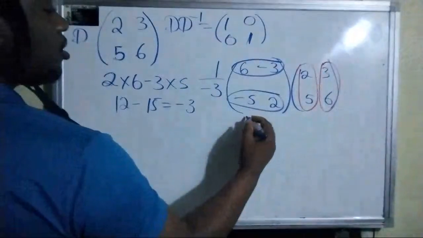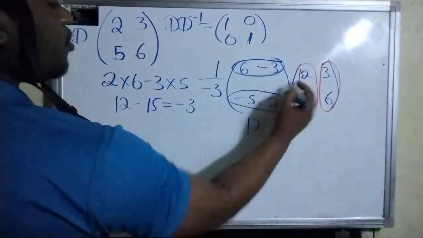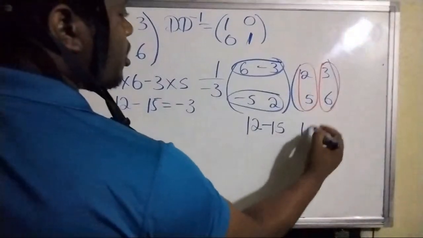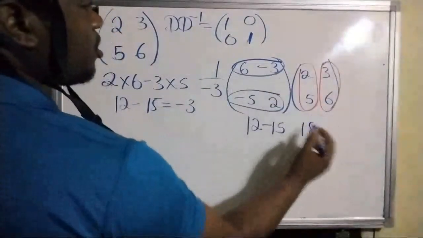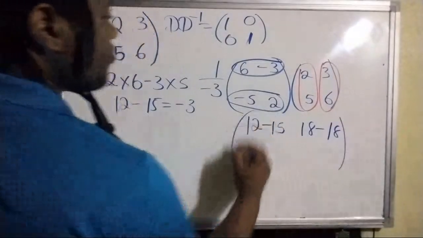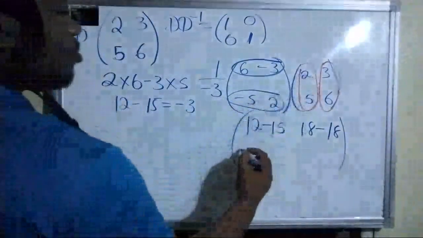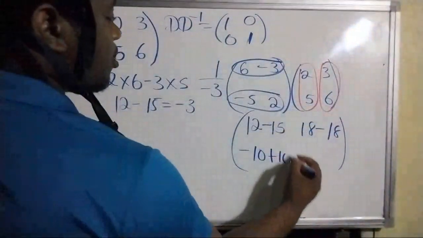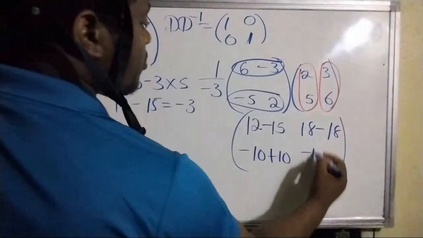6 times 2 is 12. Negative 3 times 5, negative 15. 6 times 3, 18. Remember, this goes on the top. Negative 3 times 6, negative 18. Negative 5 times 2, negative 10. 2 times 5, 10. And negative 5 times that, negative 15.